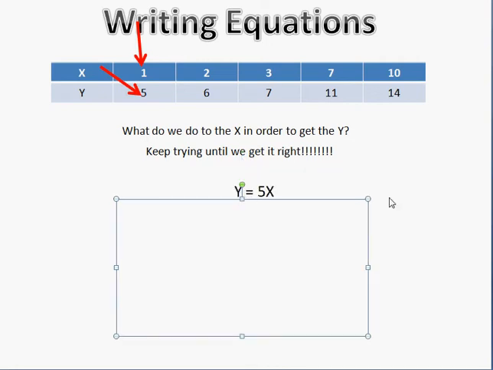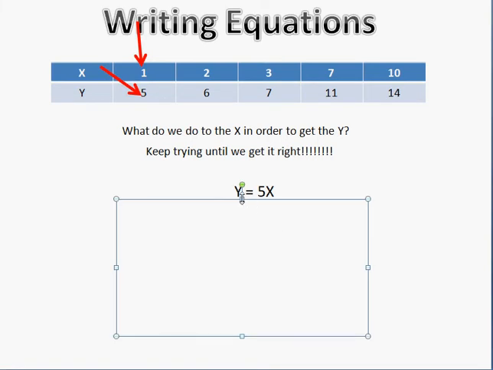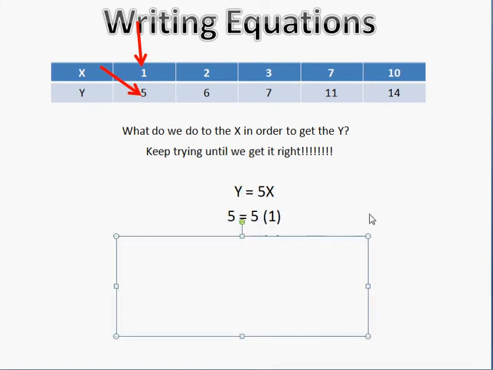So the first one, if I have 1 and 5, I'm going to try y equals 5x. If I multiply my x by 5, I'm going to get my y value every time. And this time it works. 5 times 1 does equal 5. So I take my x value, 1, and multiply it by 5. It does equal 5.